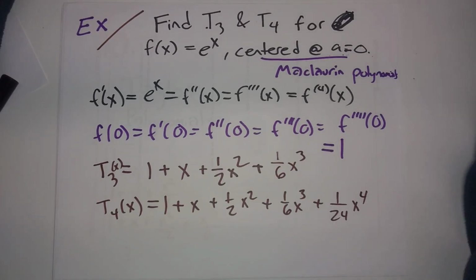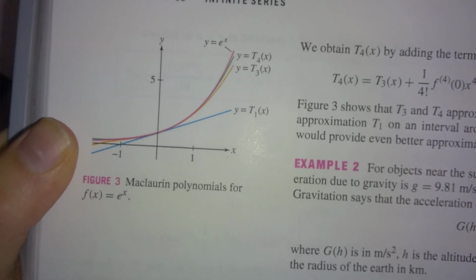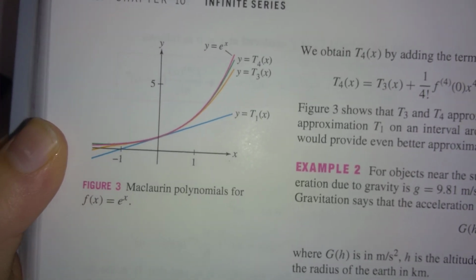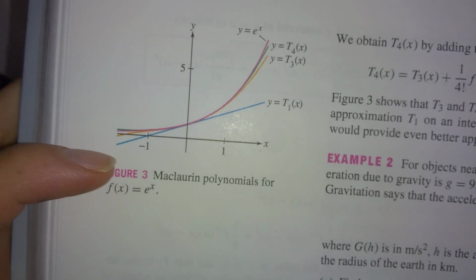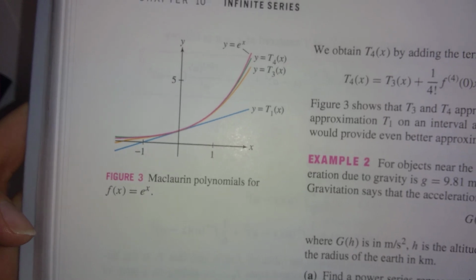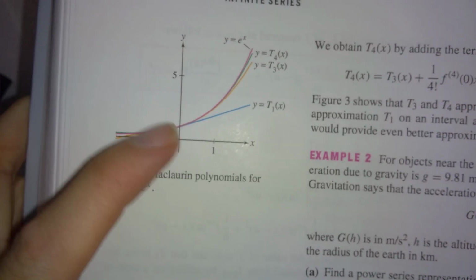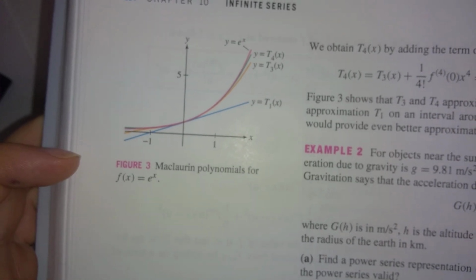And to finish off this video, I'm going to show off here in the textbook this graph. You can see that reddish pinkish curve is e to the x. This blue line here is T1 of x, the linear approximation. It's not bad close to 0, but it's pretty bad further away.